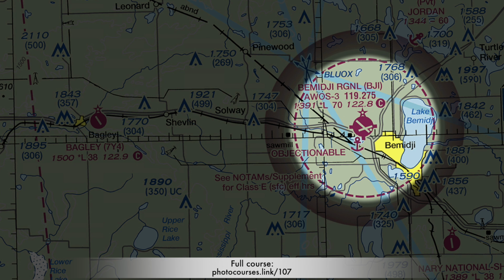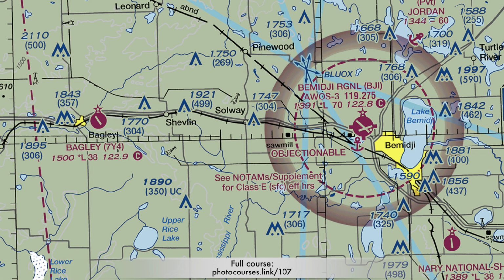And to sum up the rest, Class E airspace that starts at 700 feet AGL is the thick shaded magenta line with Class G below it, and Class E airspace that starts at 1,200 feet AGL is everything outside of that thick shaded magenta line with Class G below that.